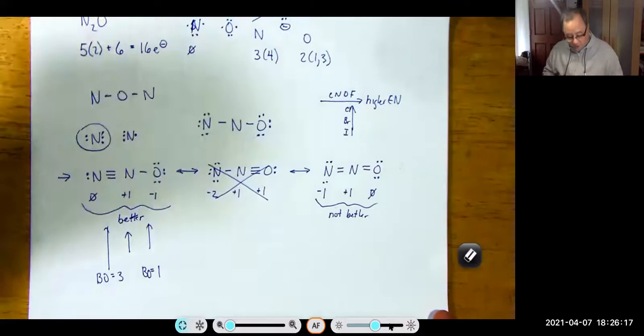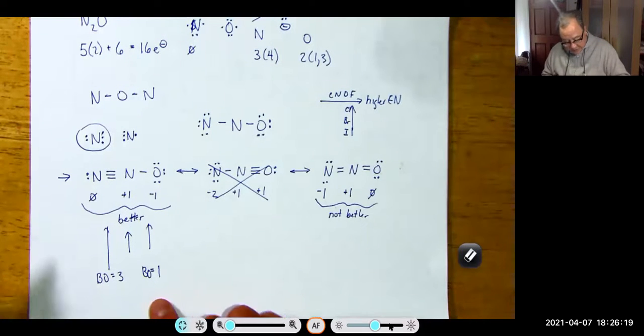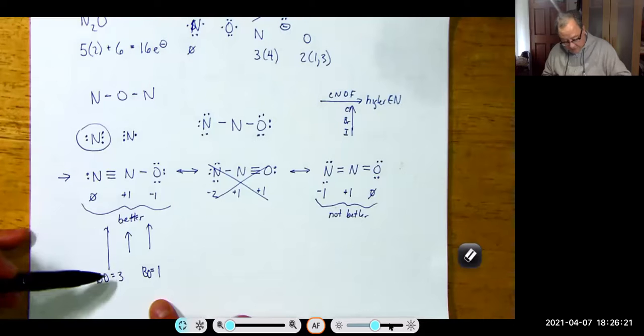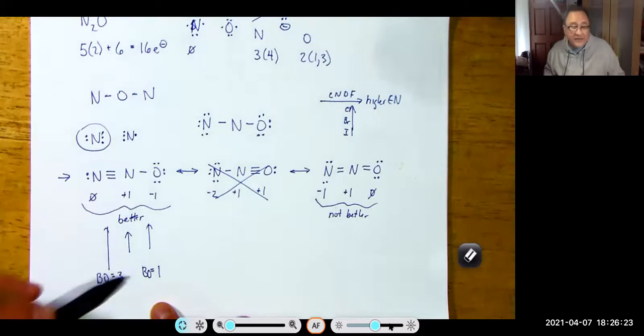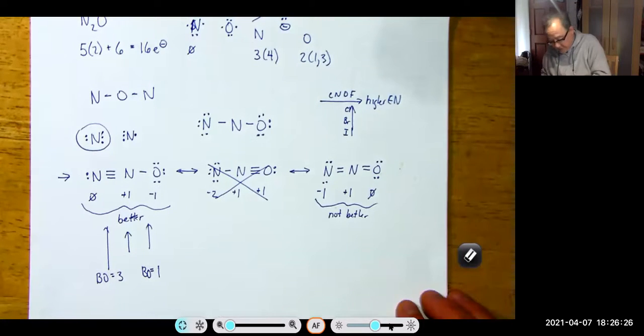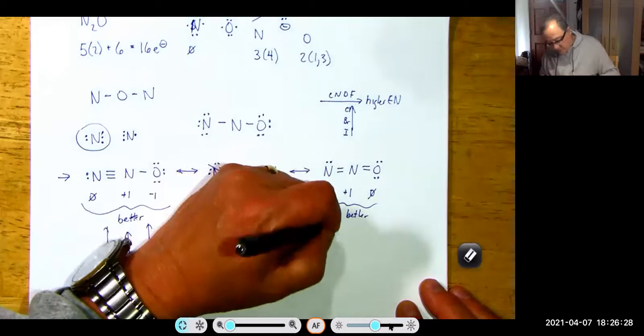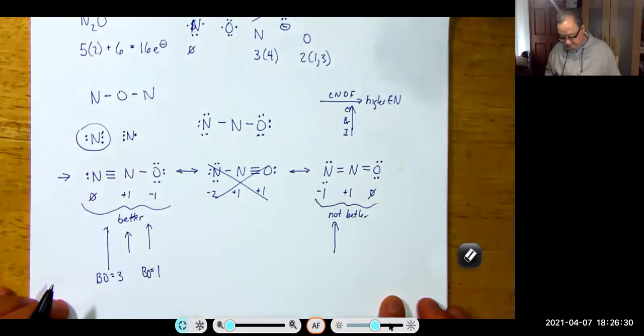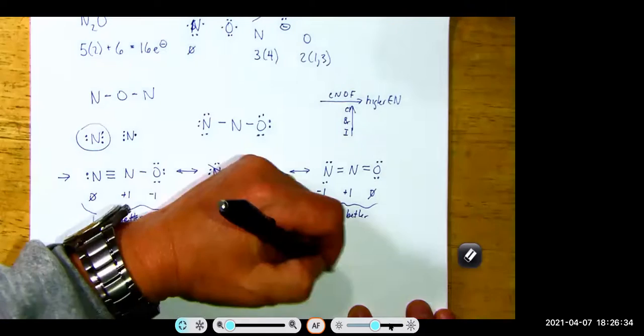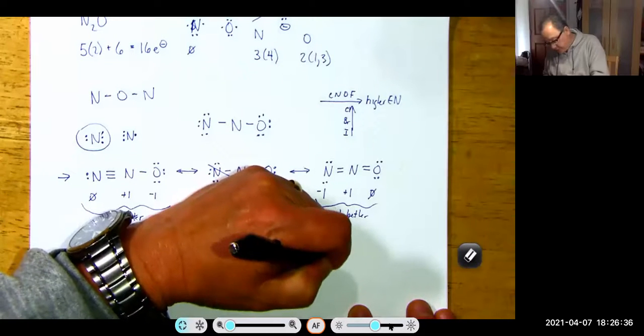If it's a triple bond, the bond order is 3. If it's a single bond, the bond order is 1. That's how you assign bond order. So here, what are the bond orders between the two nitrogens? 2 and 2.